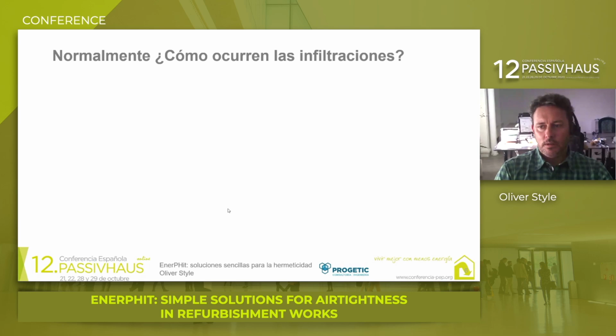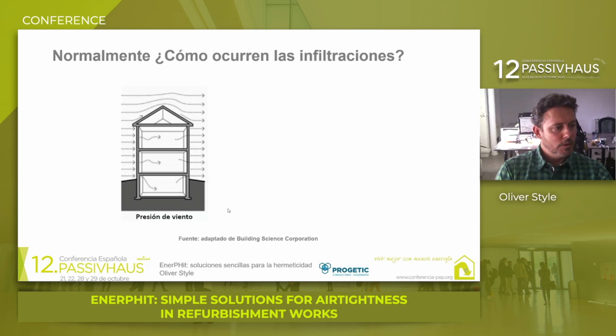Okay, so now let's look at how infiltrations occur in a normal building. Let's look at the thermodynamic processes which cause air infiltration and exfiltration. Wind pressure on the one hand, from the facade, on which the wind induces air infiltration and exfiltration on the opposite side.